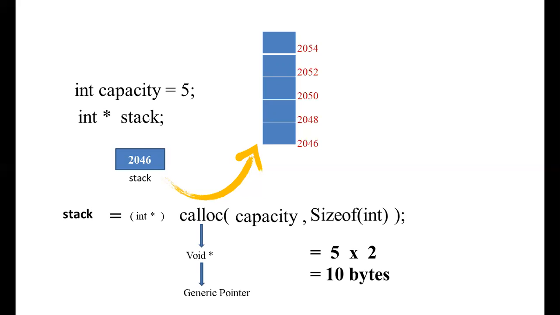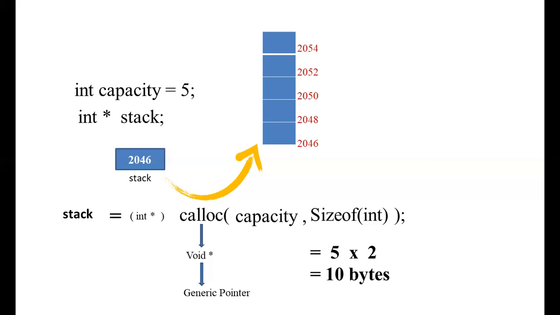This is what we have discussed in the dynamic memory allocation concept. We discussed clearly the prototype of the calloc function, why it returns the void pointer, and how to typecast the pointers. So please go through those videos on how memory allocation is done using the calloc function. This is just allocating memory to the stack with a fixed size dynamically. So here the capacity is 5.